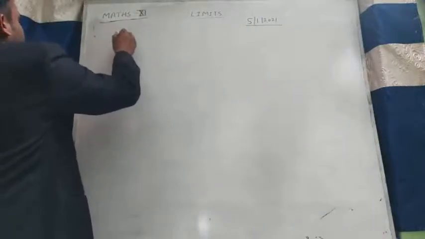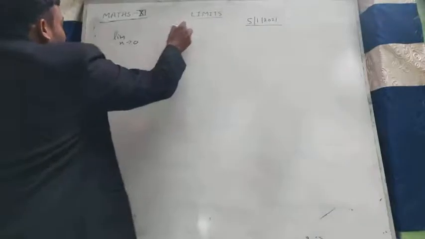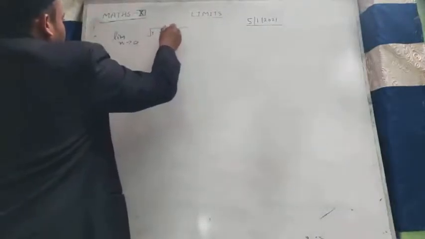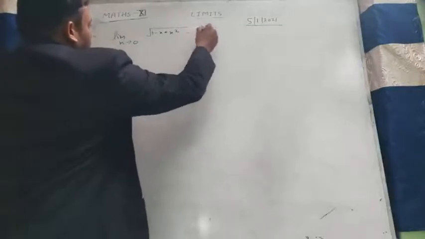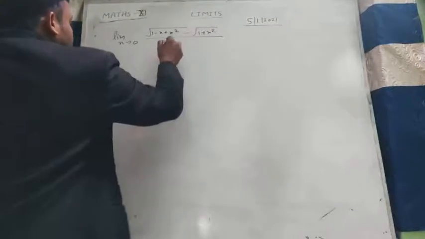Our next question is limit x tends to 0 of (under root 1 minus x plus x square minus under root 1 plus x square) divided by (4 to the power x minus 1).